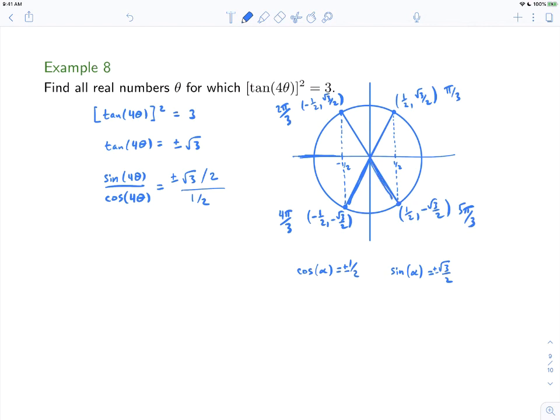So in other words, our angle alpha is either pi over 3, or 2 pi over 3, or 4 pi over 3, or 5 pi over 3. Well, these are the angles inside the interval from 0 to 2 pi. Now, in fact, we want to allow for all real numbers, so we can use all of the coterminal angles.